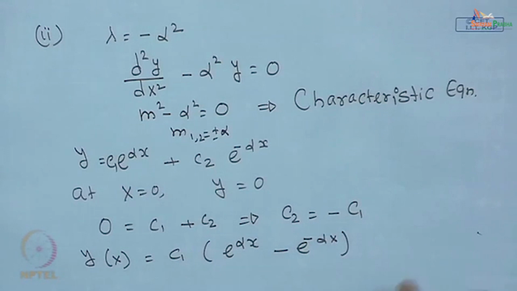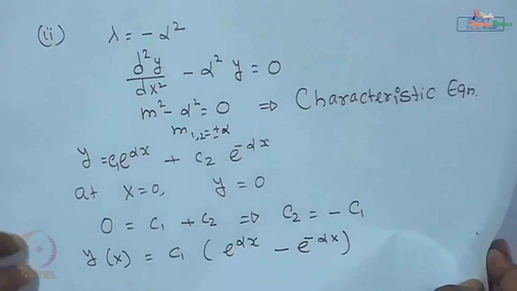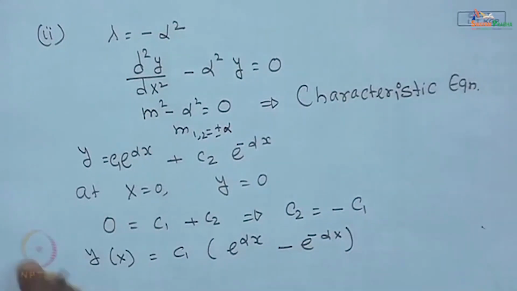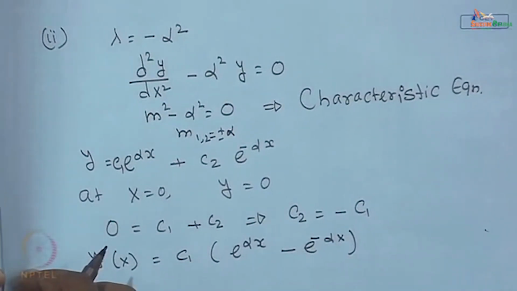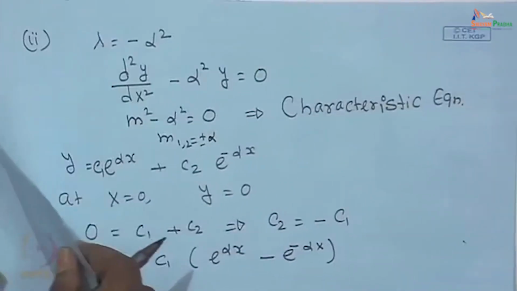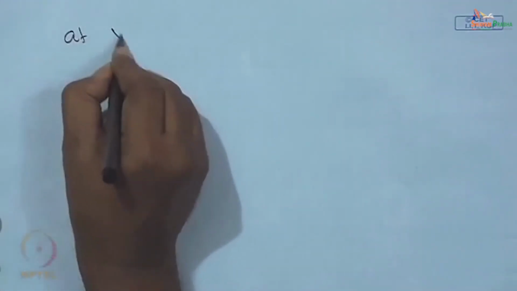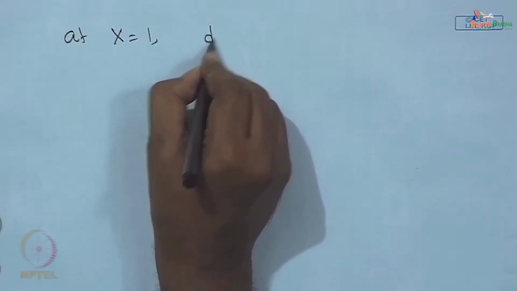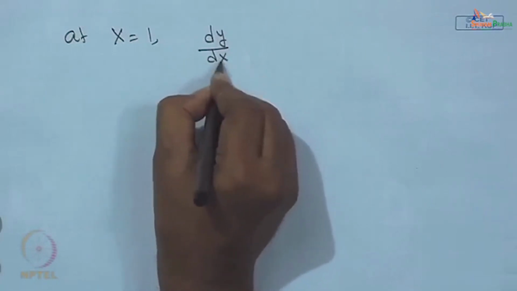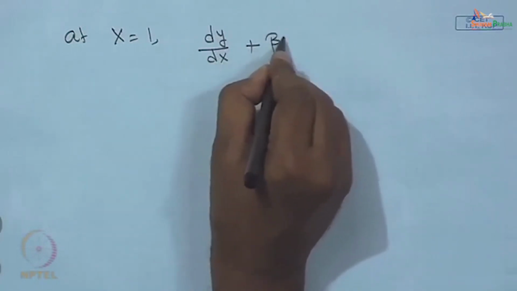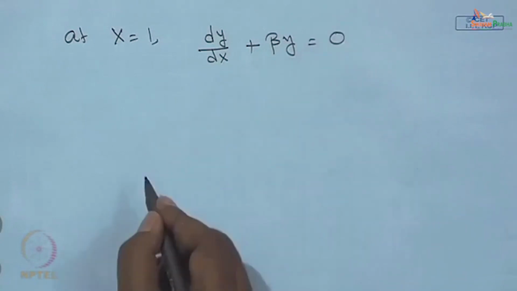Okay. So, next what do we do? We utilize the other boundary condition. The other boundary condition is at x is equal to 1, we have dy dx plus beta y is equal to 0.